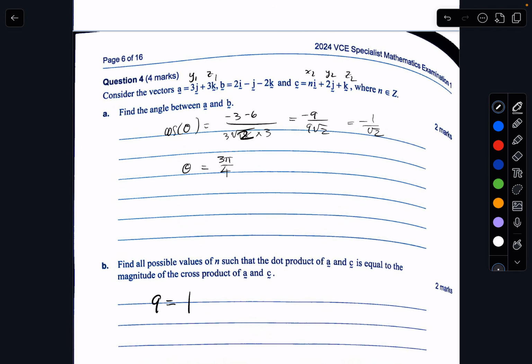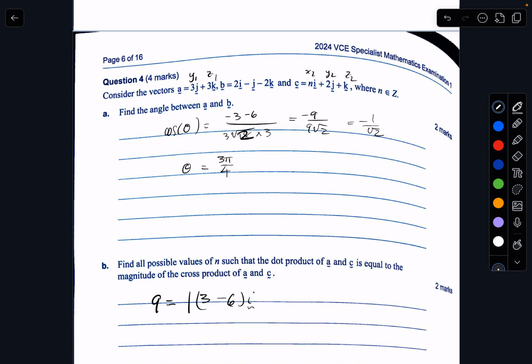So, what have we got? We've got y1, z2, so that's 3. And then we've got minus y2, z1, so 2 times 3, which is 6, i.